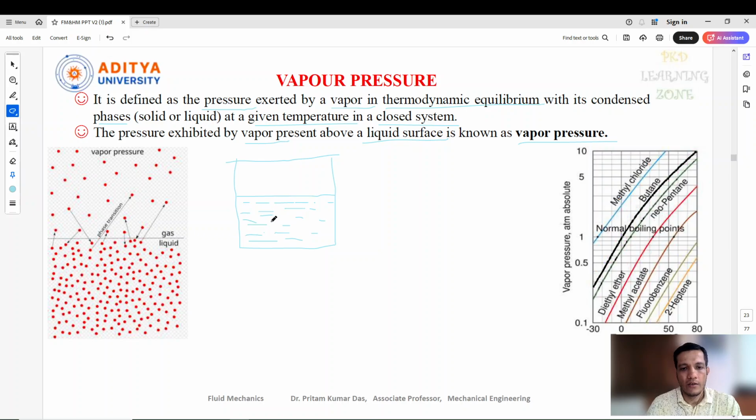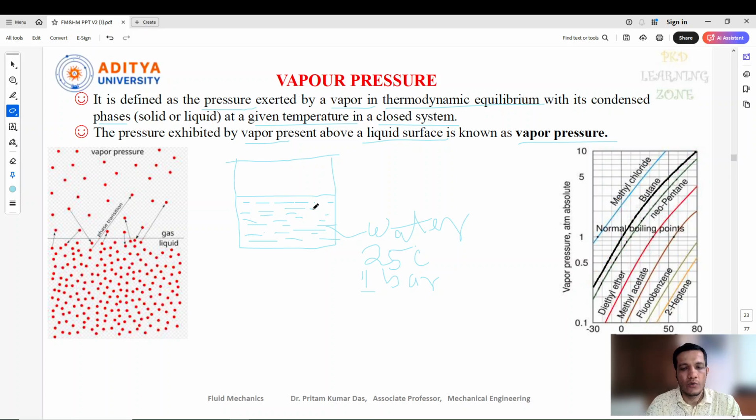Let's consider this liquid as water, and this water is kept at a temperature of 25 degrees centigrade and atmospheric pressure of 1 bar. Now at 25 degrees the water cannot be vaporized.